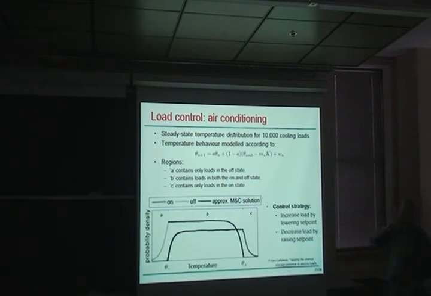In this process, the central dispatcher says, hey, I need more load. I'm going to signal out and ask all the air conditioners to reduce their set point by half a degree. So you think your set point is at 72 degrees, it's actually at 71.5. You can't detect any difference, but that little change in load, when multiplied across all of the air conditioners, becomes a significant chunk.